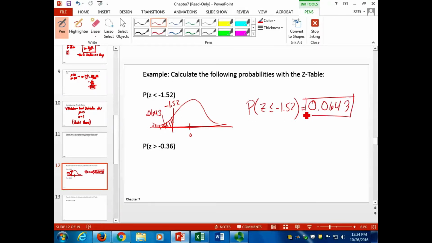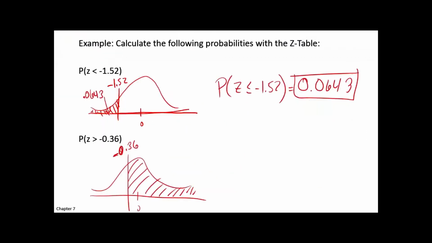All right. What about the probability of being greater than negative 0.36? So here's negative 0.36, and I want greater than, right? So that means I actually want this stuff up here. I want the probability above.